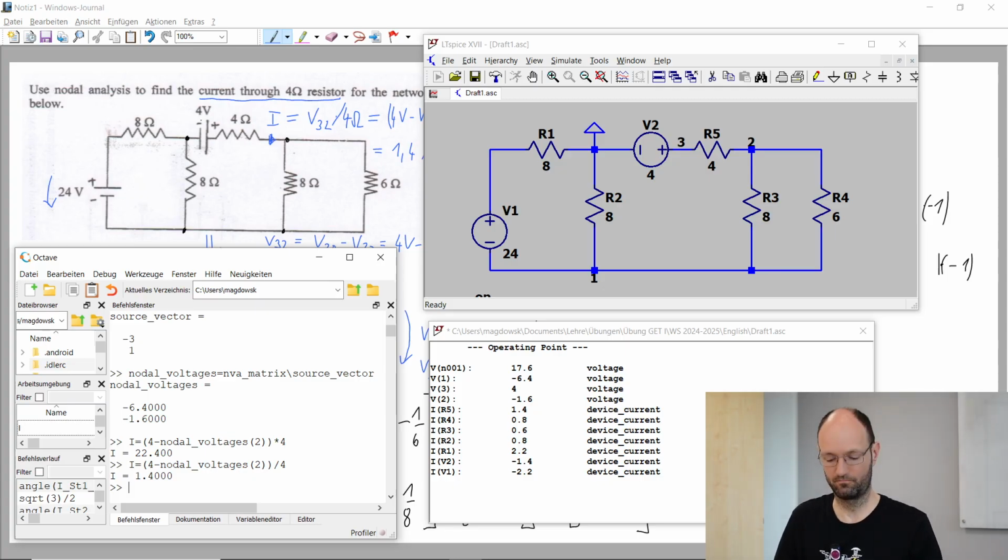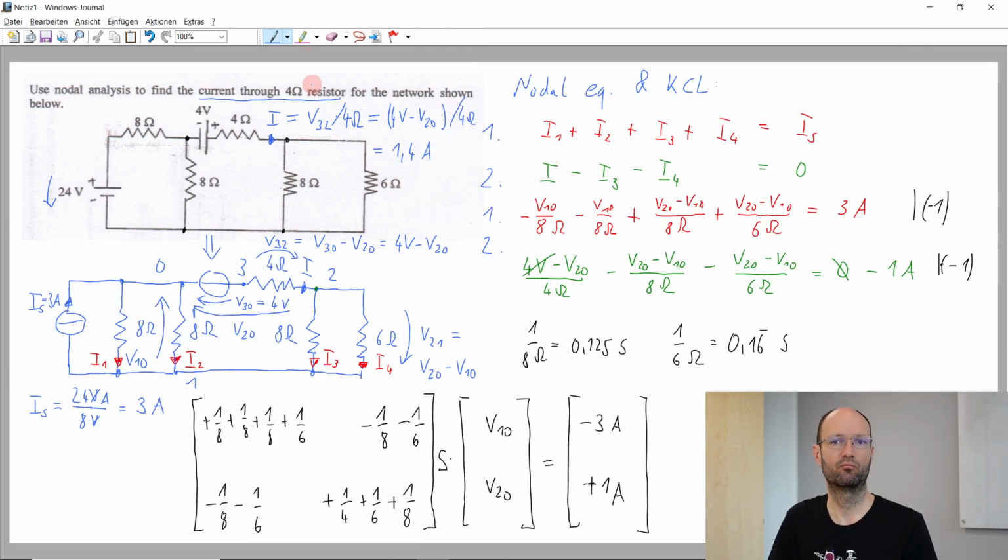This was our source voltage here, and the current that we just calculated, this current here with the 1.4 ampere, is the current through the resistor R5. And this also is the 1.4 ampere here, which totally makes sense. So yeah, this is a nice and also correct solution for this task using nodal voltage analysis.